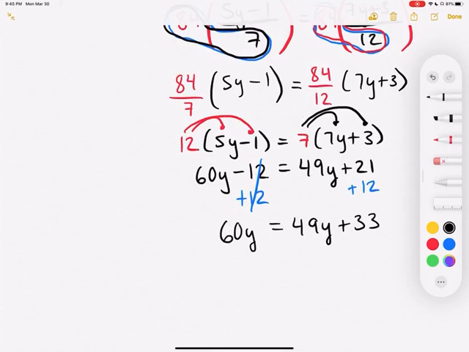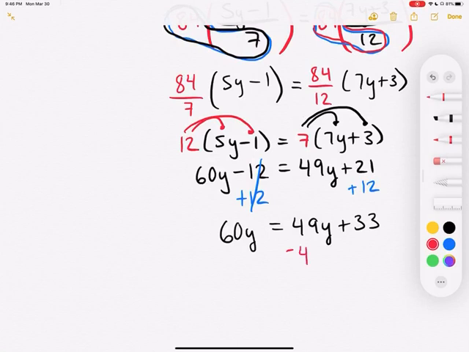Okay. The next thing that we're going to do is send the letters to the left side. So this 49y is on the right side. This is a plus, this is a positive 49y. So I have to send this to the left side. Try to get rid of this addition. So if it's a plus, that means I'm going to send it to the left side as a minus.